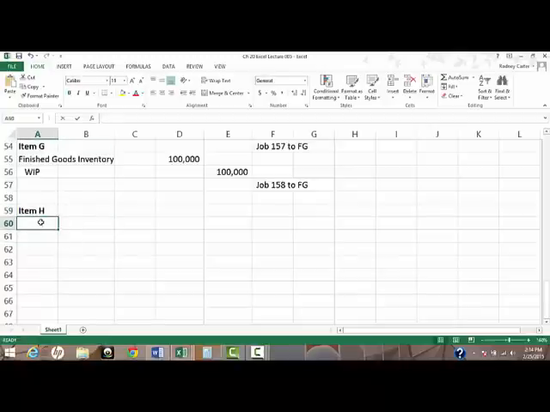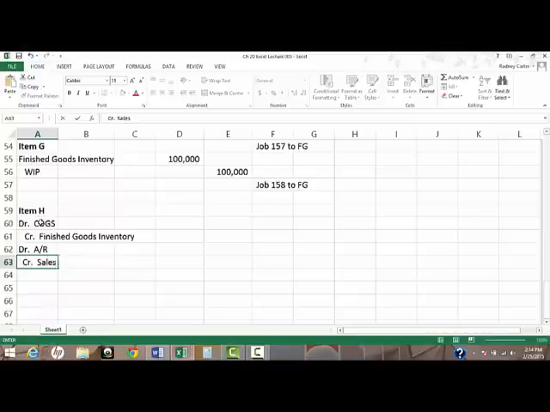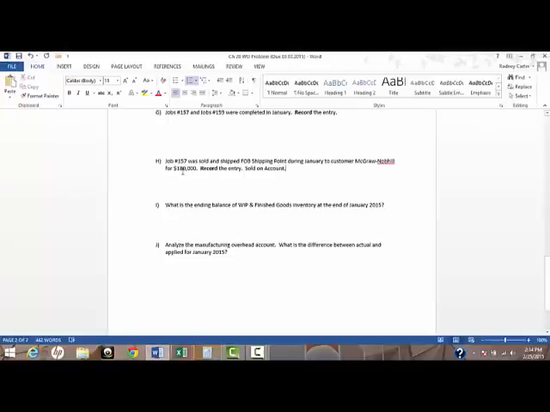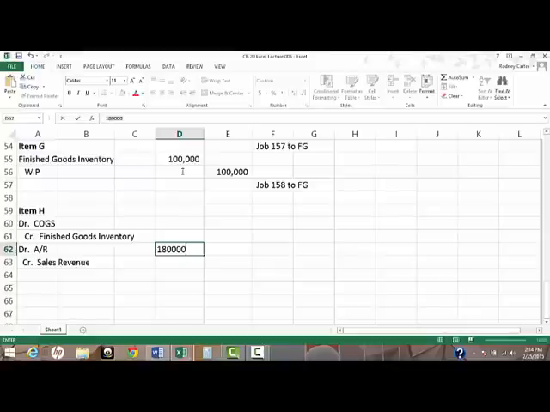And this entry is a debit to cost of goods sold and a credit to finished goods inventory. And we have a debit to accounts receivable and a credit to sales revenue. This amount should be the amount the job was sold for, which is $180,000. So I would record $180,000 here.